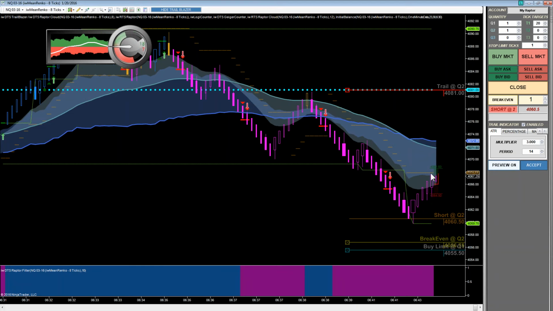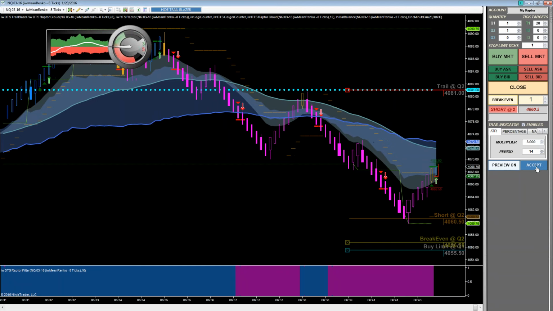I can preview that. So you see these orange hash marks. I can preview that to see whether or not that's a system I would like to employ. And if it is, all I have to do is click accept, and that will now become my new stop strategy. So very, very powerful piece of equipment.